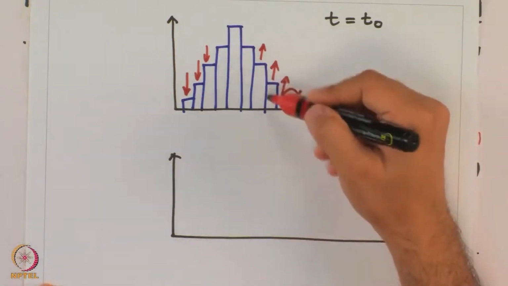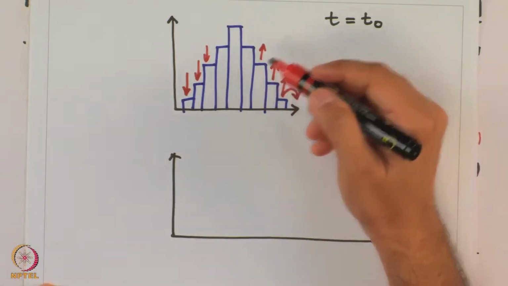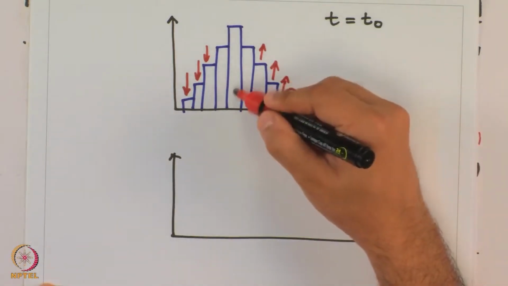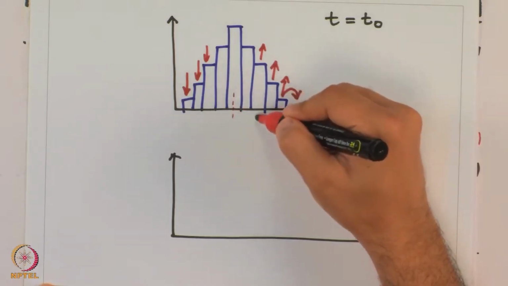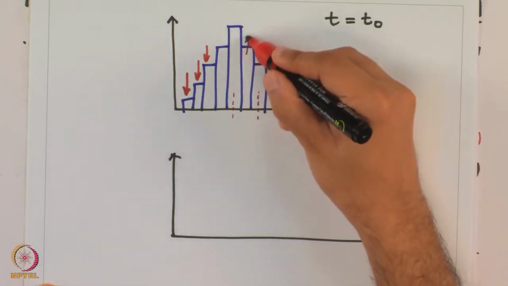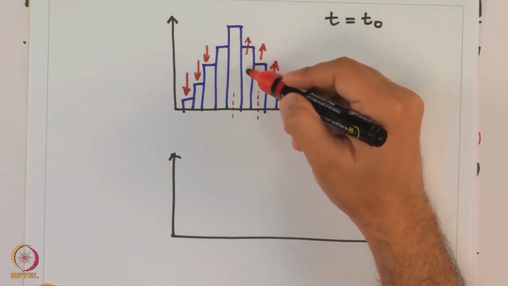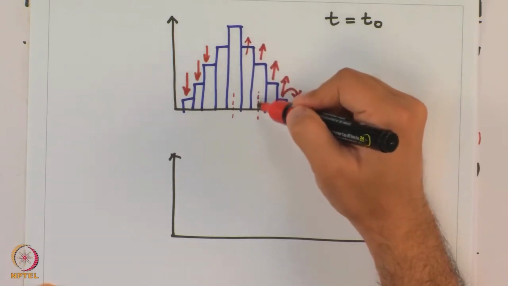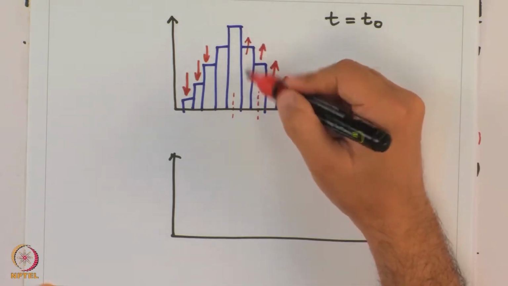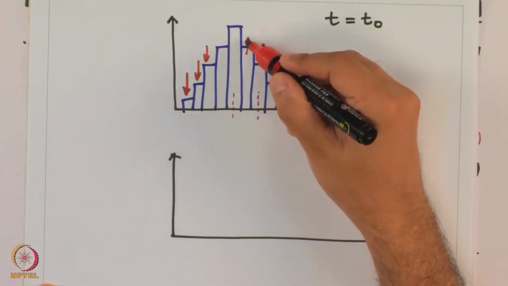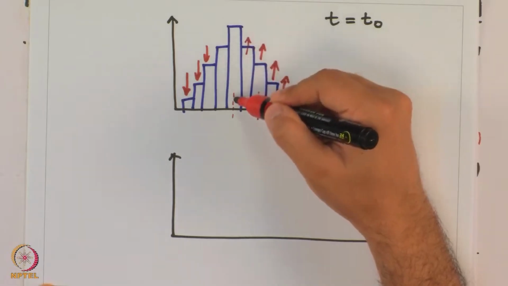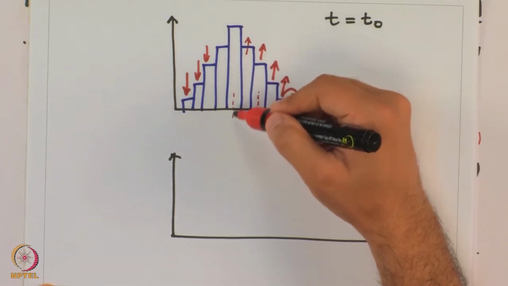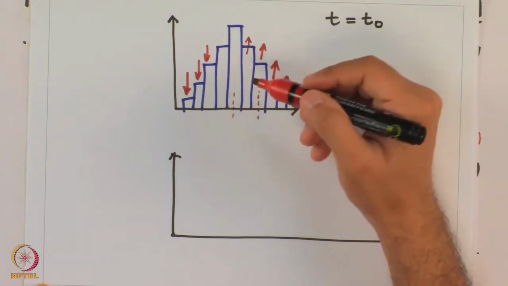So, all these frequencies are going to go up, but eventually when the mean for instance moves from here to here, then the fitness of this particular genotype will be less than the mean, and hence it will start coming down because the mean is currently here. So, the fitness associated with this genotype will start to come down even though it is increasing at this particular instant when the mean is somewhere over here.